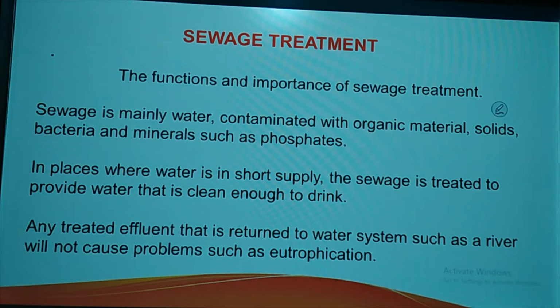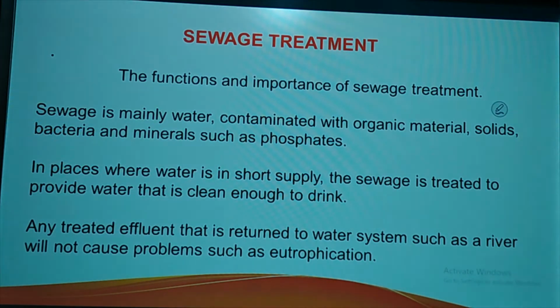Now we will talk about sewage treatment. Sewage treatment is also a way of conserving our habitat. I'll tell you how. You know what sewage means? Sewage is mainly water contaminated with organic material, solids, bacteria, and minerals such as phosphate.